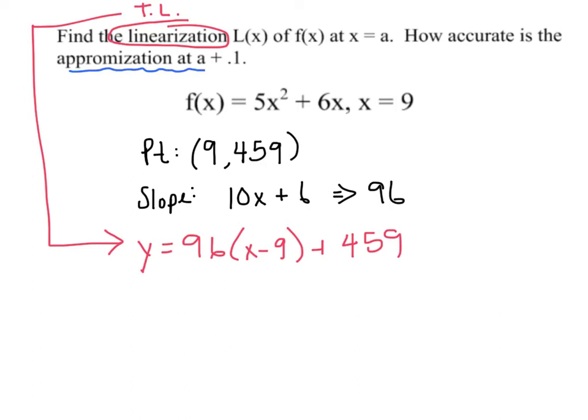Now what the book says that's a little bit confusing, that's why I wanted to do this, is it says how good is that 1/10 away? Well, 1/10 away from 9 is 9.1. So we're going to evaluate y, the tangent line, at 9.1. We're going to plug 9.1 in.